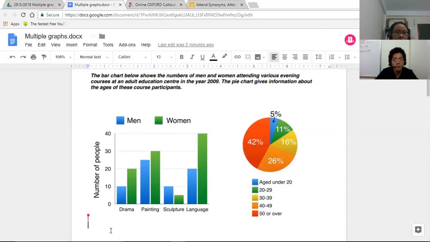But actually, I think this one can be easier. It's clear that we know how to divide paragraphs 3 and 4. Because we only dedicate one paragraph to one kind of chart or graph or pie chart here, we do not need to find a lot of information regarding one graph.